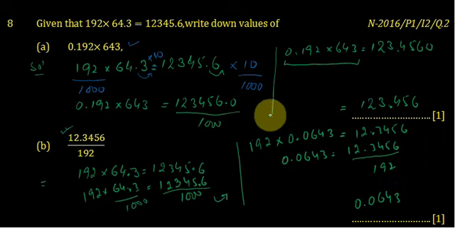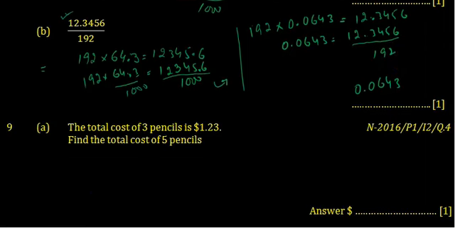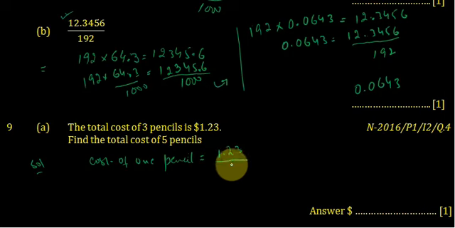This is all about question 8. Now move to question number 9, part A. The question says the cost of 3 pencils is $1.23. Find the total cost of 5 pencils. We are given the cost of 3 pencils, so we can find the cost of 1 pencil. The cost of 1 pencil must be equal to 1.23 divided by 3.